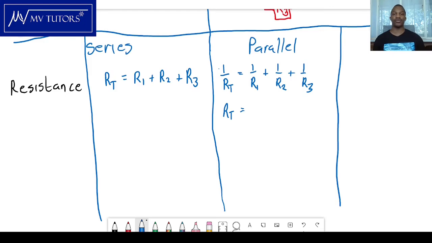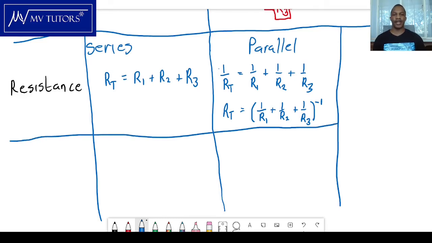There are many tricks, but the one I prefer is where you say 1 divided by R1, open the bracket, and then plus 1 over R2, so you write the same thing, the only difference being that you have brackets. Once you put your brackets, you put to the power minus 1. That will give you your total resistance in parallel. We will see this in practice, but just know this shortcut.